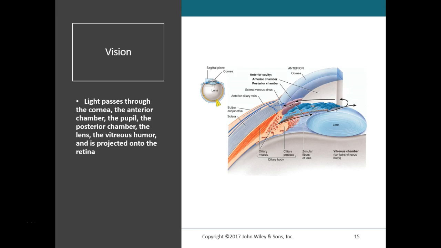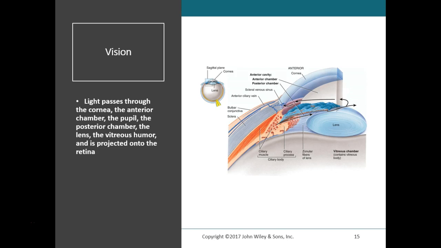The lens divides the interior part of the eyeball into two cavities, the anterior cavity, okay, so we see here anterior, and the vitreous chamber. The anterior cavity is filled with aqueous humor. That simply means water. It's a transparent watery fluid that nourishes the lens and the cornea and keeps them very moist. The larger posterior cavity of the eyeball is called the vitreous chamber.